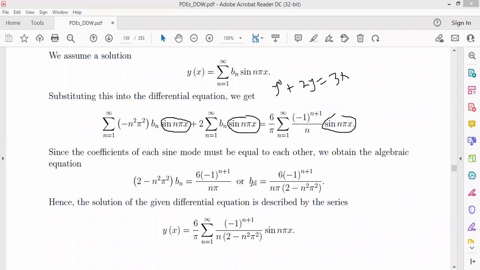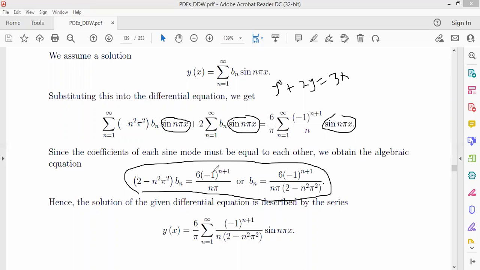When we do that simplification, we simply take out the coefficients of these sums, collecting terms with respect to sine n pi x. That would give us this statement here. This is what we get.